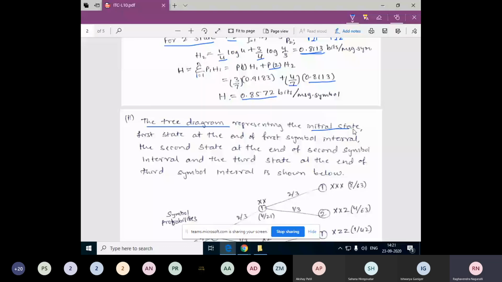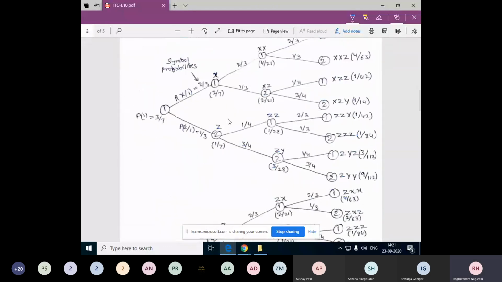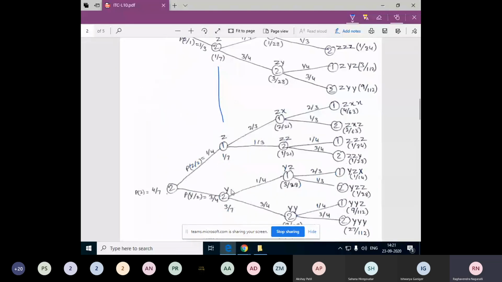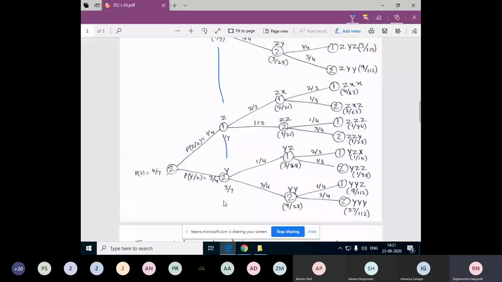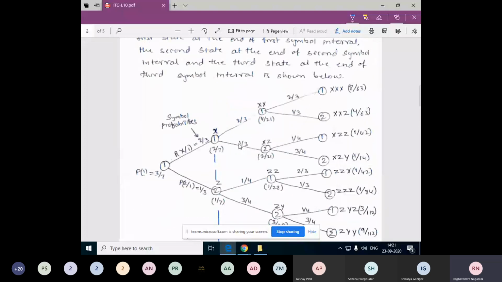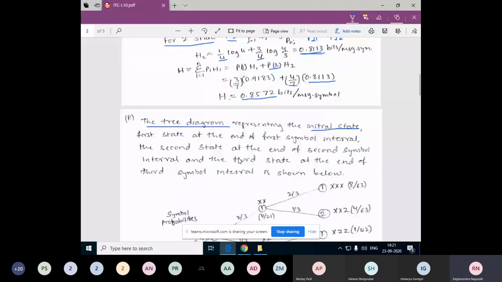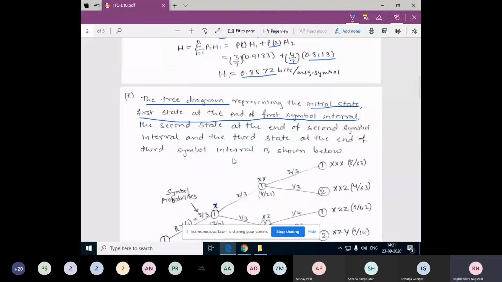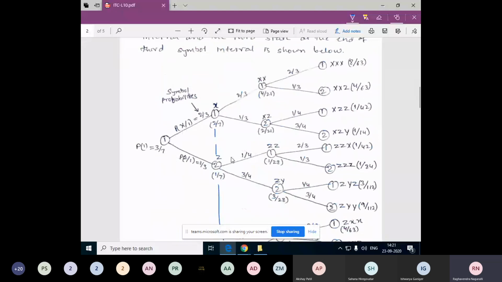So the first state at the end of the first symbol interval, we get the tree up to this level. First symbol interval means at the end of the first symbol emission.